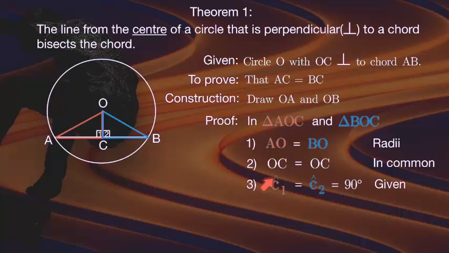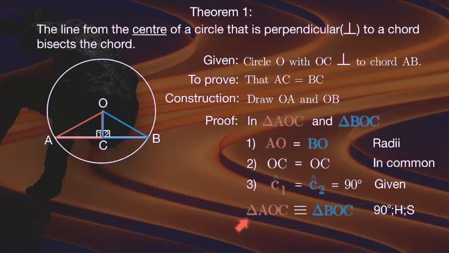So I can write down angle C1 is equal to angle C2. They're equal to 90 degrees. And I include this 90 degrees because I know their sizes. Okay, so how do I know all of this? Because it was given to us. And now I've got the three reasons to show that these two triangles are congruent.